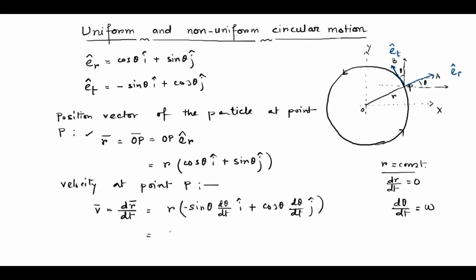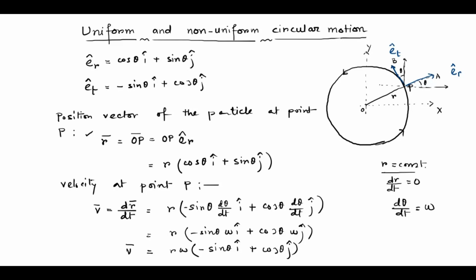So V is R times minus sin theta omega i plus cos theta omega j. If I take omega common, V equals R omega times minus sin theta i hat plus cos theta j hat.